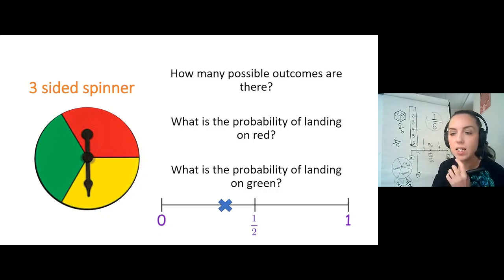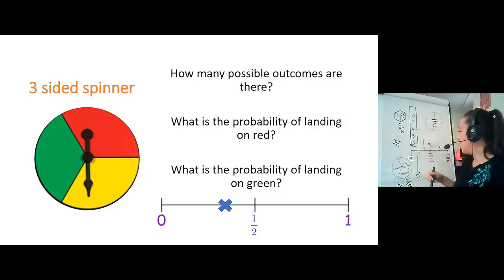It's just there. So you can see on the screen, the probability of landing on a red, the probability of landing on a green is both 1 in 3, which is about a third, is how we express that in words. So again, if we pop it on our scale, it's a third, which is about here. I would pop our X on the third section there.